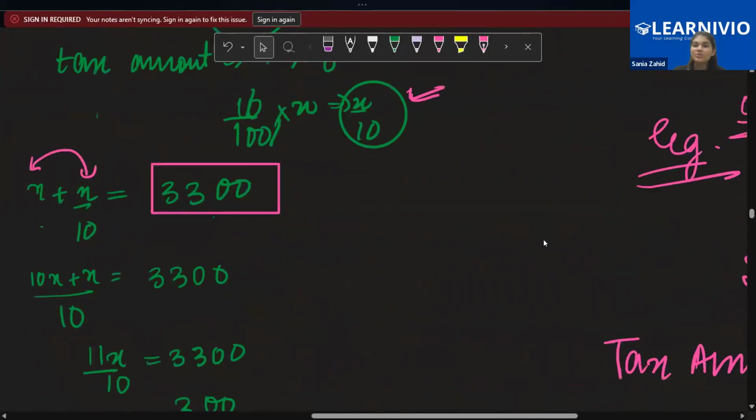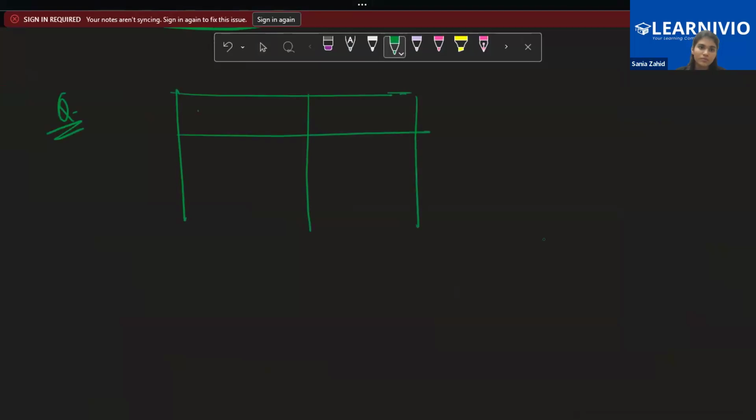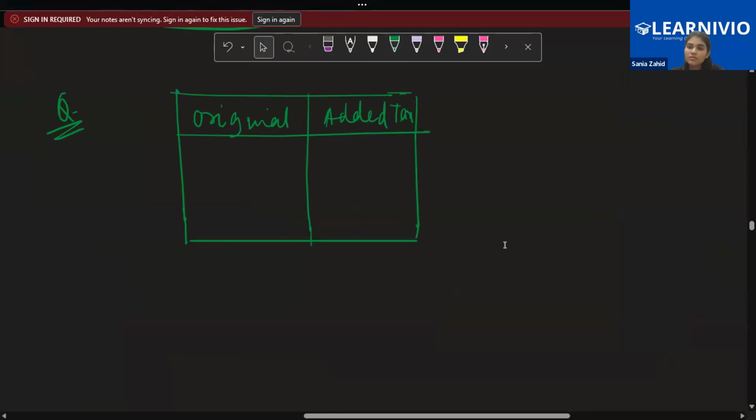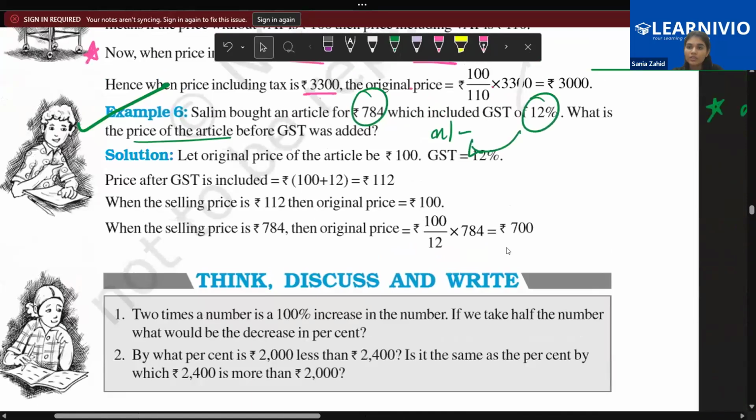What is the box method, Duha? Oh yeah, in the box there are two columns, one for the original and one for the added tax. Okay. And then for the added tax, you're making a column. So you're finding the values directly. Can you send the photograph of the solution? Okay. Yes, just send the photograph of the solution. I'll refer to it and teach you that.